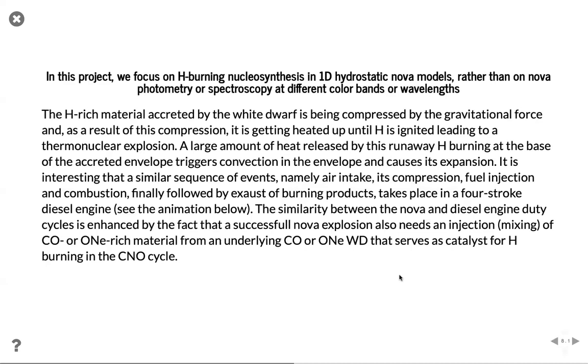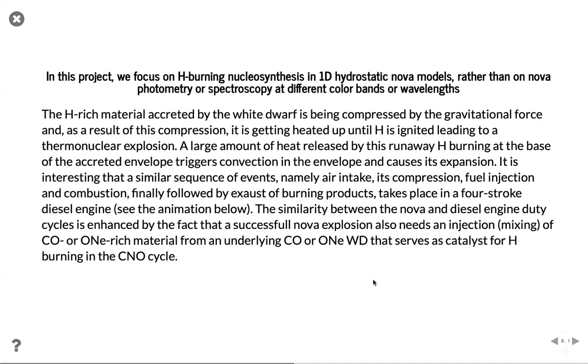To get a sufficiently strong explosion, as observations show, we need to assume that either before a nova explosion or during a nova explosion. Now, I think most people, including myself, think this happens actually during the nova explosion, when convection develops in the accreted envelope.